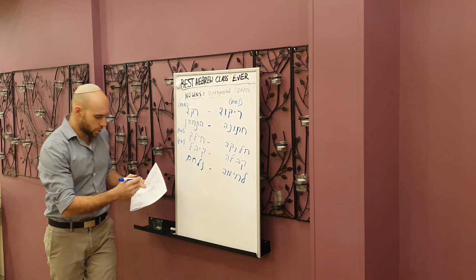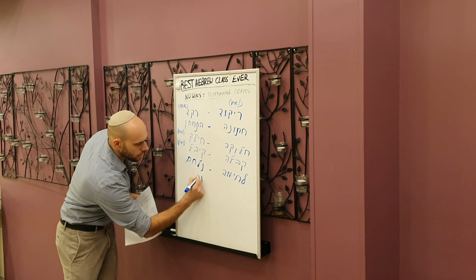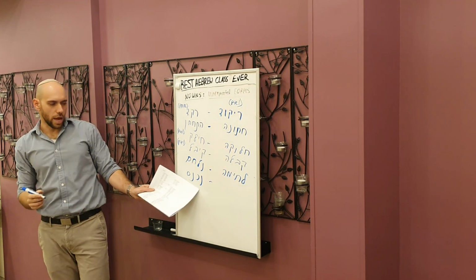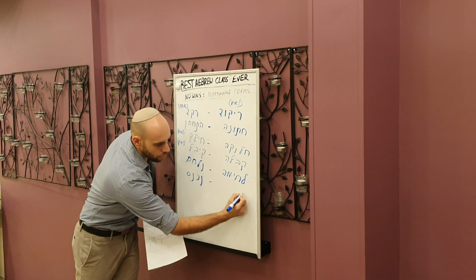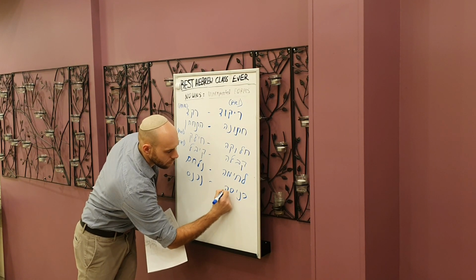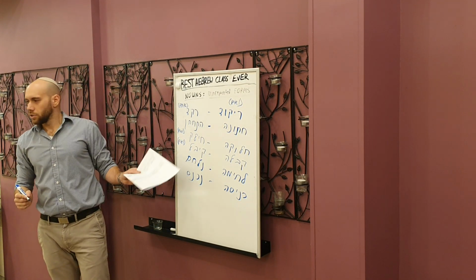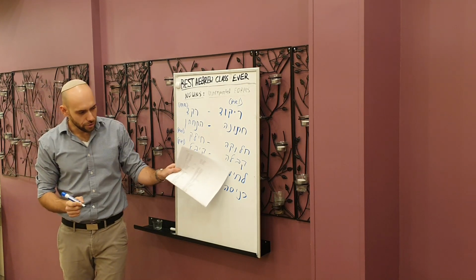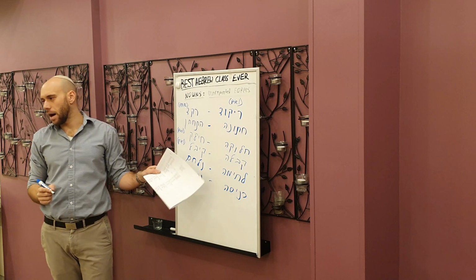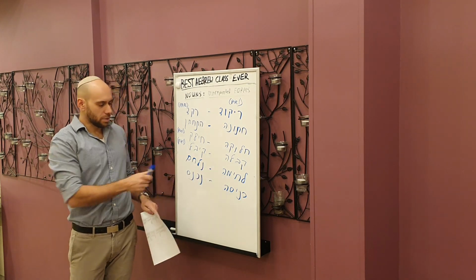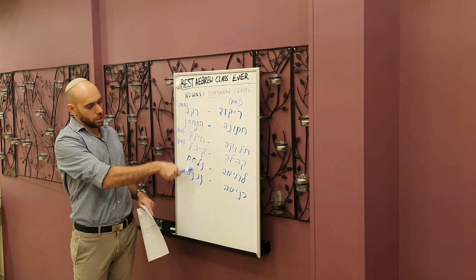And then the last one here on the list, nichnas, which I mentioned previously. Nichnas means to enter, but the noun for entrance is knisa. In this case, these two examples are nifal, but their verbal noun comes from pa'al, and for whatever reason there's no pa'al form for these.